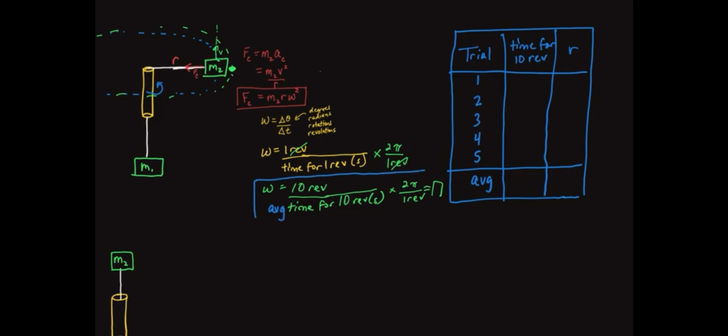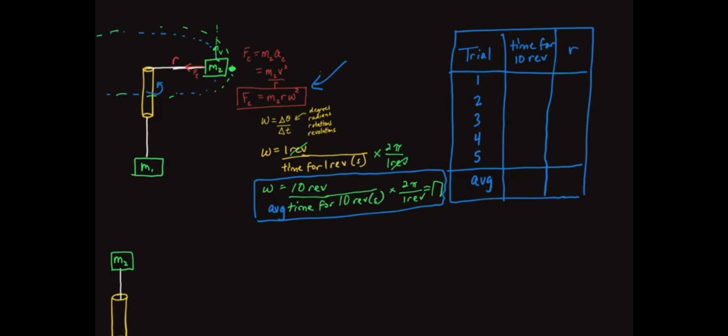So you're only calculating angular speed once, and that angular speed is what you'll plug into this equation up here for centripetal force. And you're only plugging in the average value of R. So you're just calculating the centripetal force once using that equation.